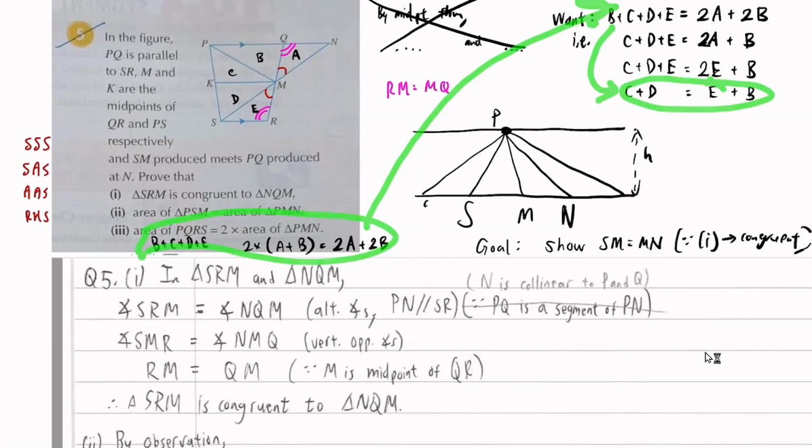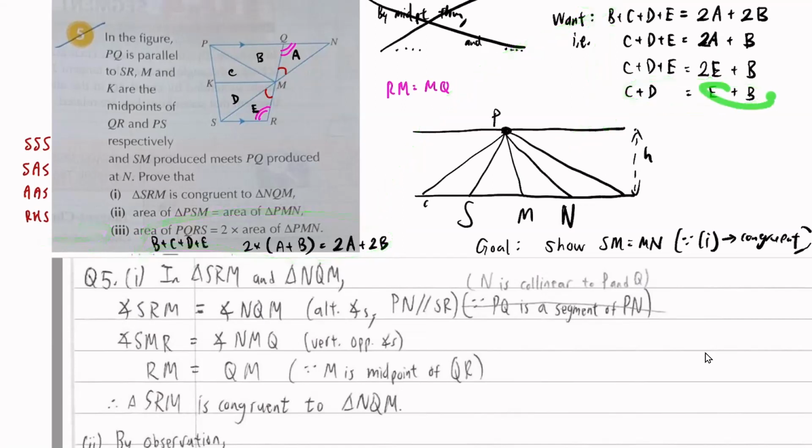So to answer the original question is equivalent to answering why C plus D equals E plus B. Definitely, if the question has no mistake, this is true. But you have to prove it. Prove that C plus D equals E plus B.